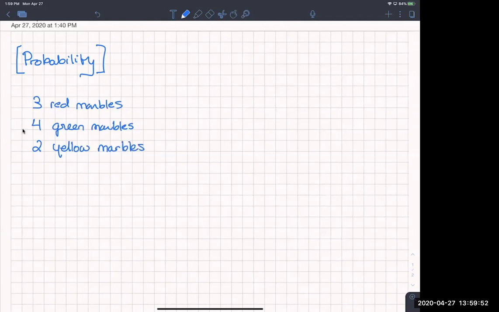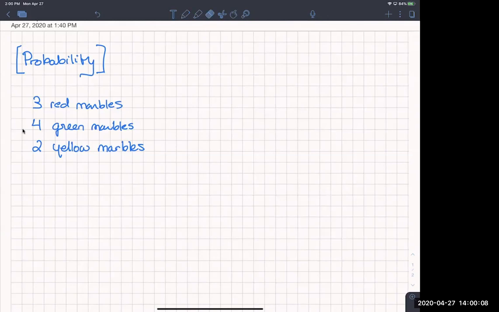So you have a bag with 3 red marbles, 4 green marbles, 2 yellow marbles, okay? Now, you want to know the probability of pulling out a red marble.